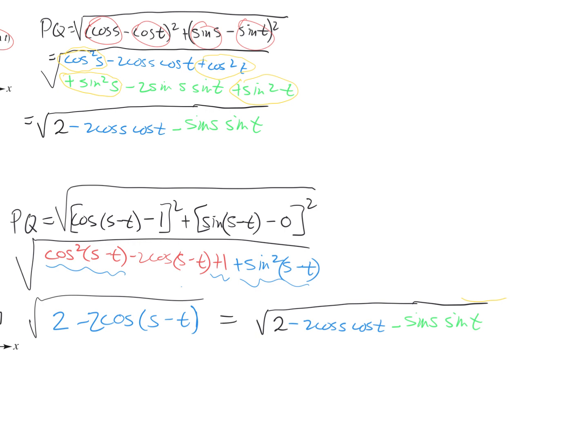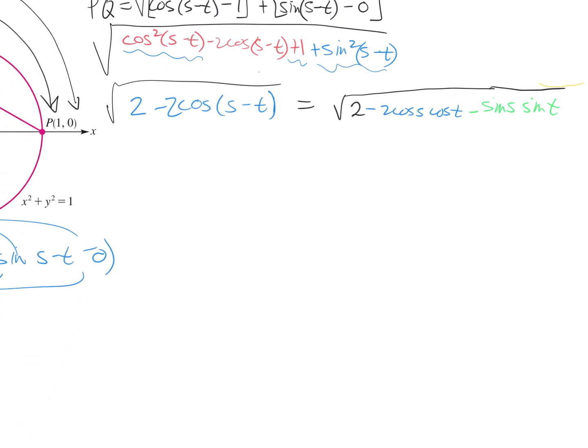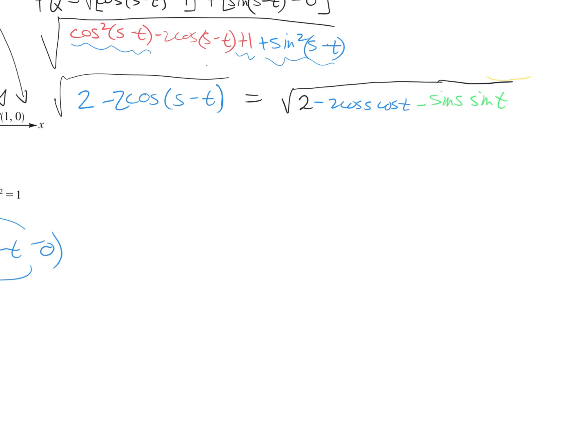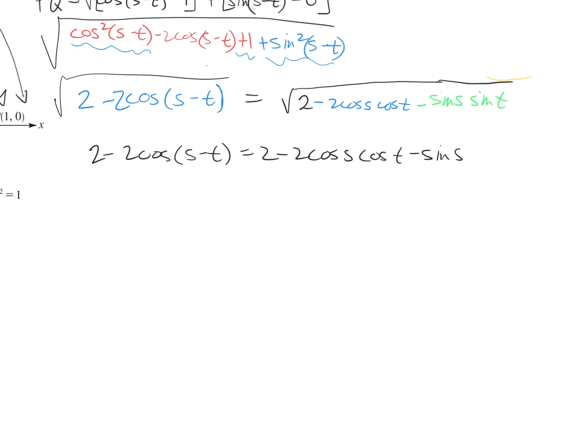Nice. If I square both sides, I'll erase some of this here, since we don't need this stuff right now. Then what I have left is 2 minus 2 cosine of s minus t equals 2 minus 2 cosine s cosine t minus sine s sine t.